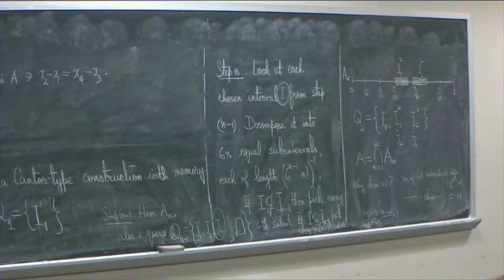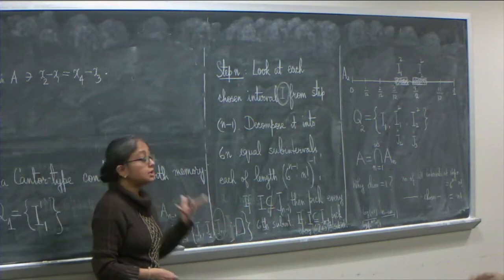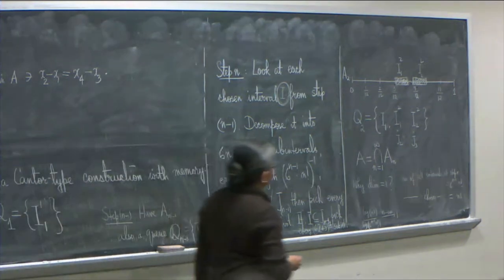First off, because x1, x2, and x4 are all distinct, and because these basic intervals shrink down to 0 in length, sooner or later x1 is going to lie in its own basic interval distinct from all these others, right? What are their lengths?